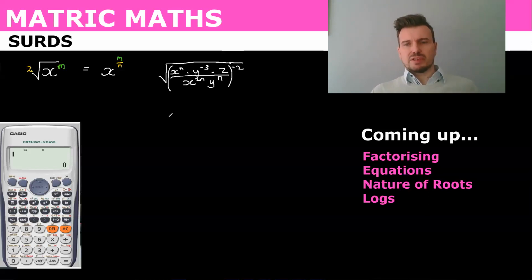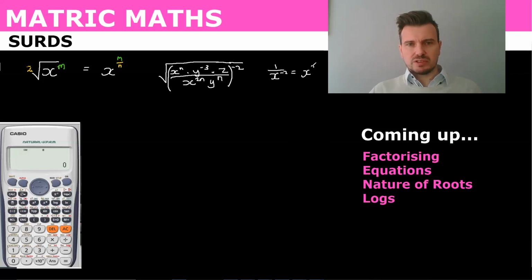Then we incorporate everything. One of the exponential rules was that if you have 1 over x to the minus 2, that can be written as x to the 2. So what we can do is flip this whole thing, first of all. The bit in yellow, I'm just going to flip that around because it's minus 2, and I'm going to make it plus 2.